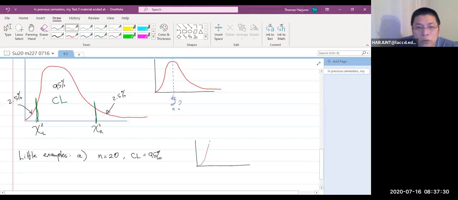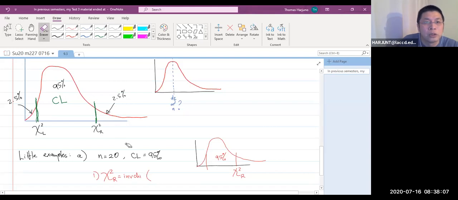Later on, this is 95% in the middle, and then this is chi-squared right. Now our chi-squared right will be inverse chi-squared. I don't remember what notation they use for that program.